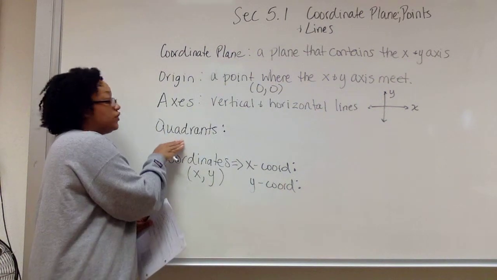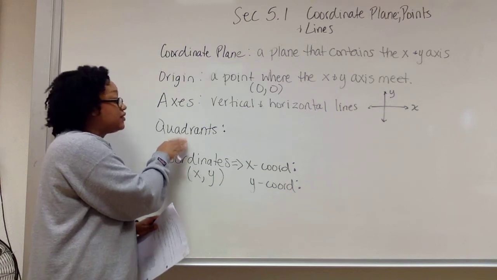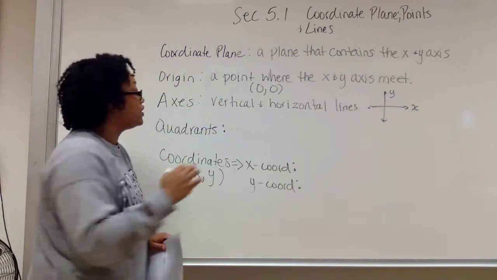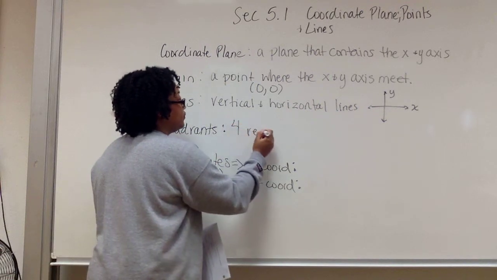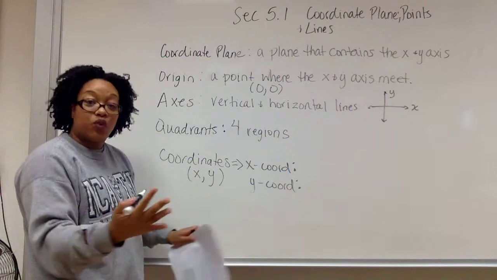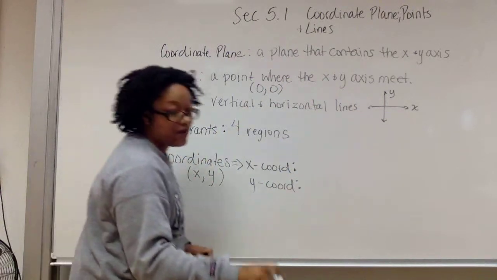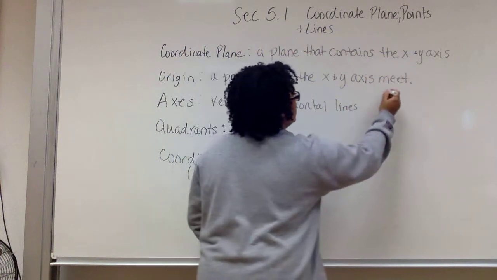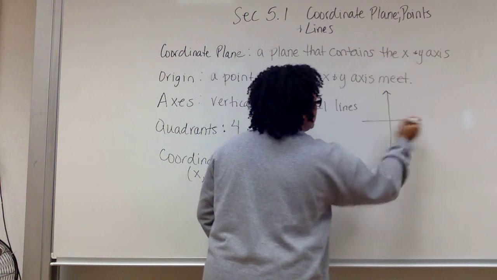Now the next word is quadrants, and the quadrants break down the parts of your plane. We break down our coordinate plane into 4 regions, and you've also got to know where your 4 regions are located. So when you have a coordinate plane, let's erase this for a second, get a little more space. You've got 4 regions.